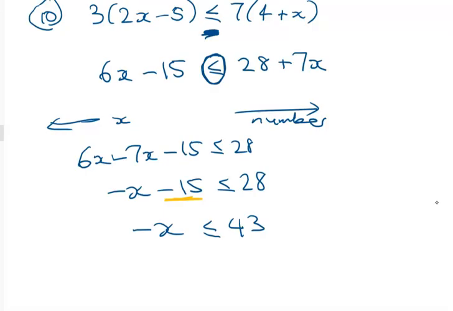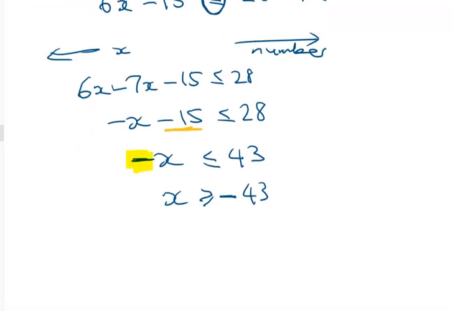Now, if the negative of the number is less than or equal to 43, when I get x and 43, I'm going to divide by negative 1, right? That's what I'm doing. I've got a negative here, and so I'm going to divide by that. When I divide by a negative, I'm going to have x is greater than or equal to negative 43.